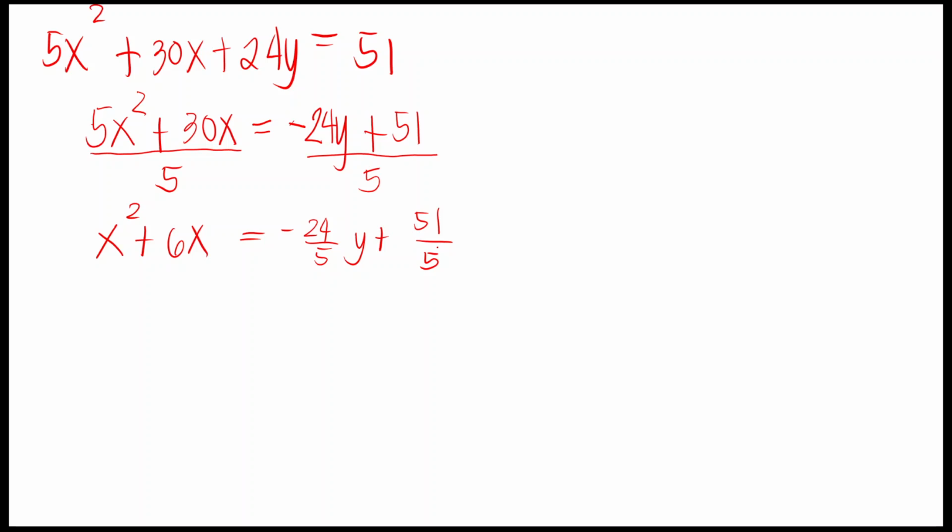It is much easier to complete the square if the coefficient of x squared is 1, because then we can directly divide 6 by 2 to get 3, and then we square that to get 9. And 9 will be added on the left side and of course on the right side to complete the square.